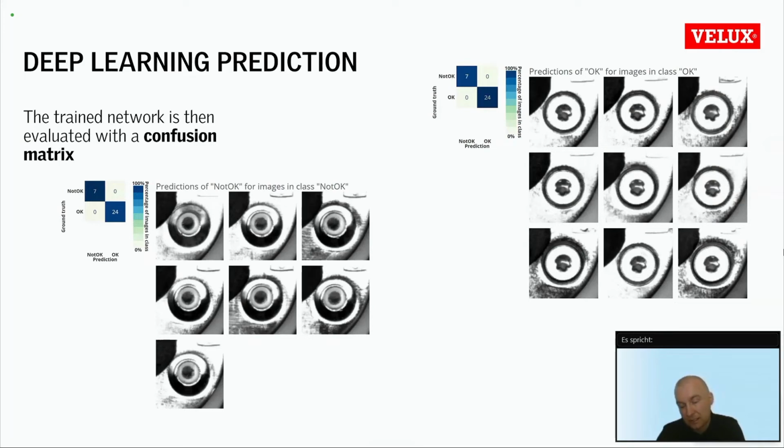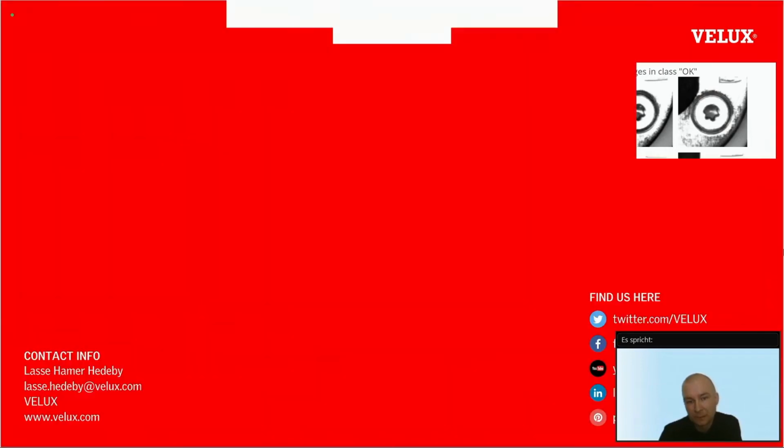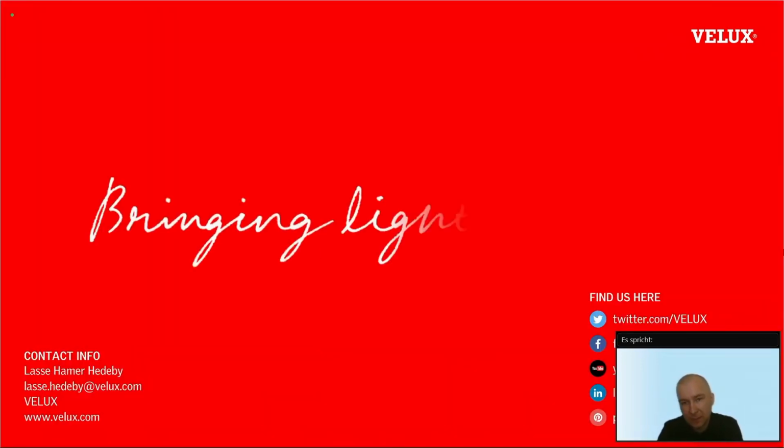And that is even with only 60 images per class. So this is really, really cool for that part. So that was a little bit about how we have tried to use deep learning from SIG in Velux in my department. I hope this was interesting for you.